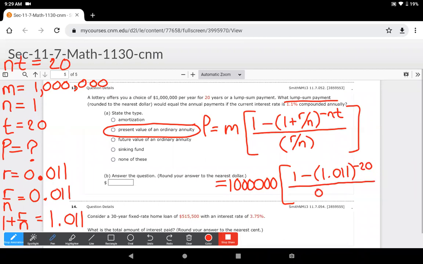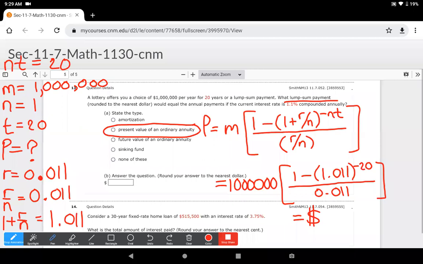Divide by 0.011. So first I simplified off to the side, then I make sure all these zeros and ones are correct and enter that into the calculator.